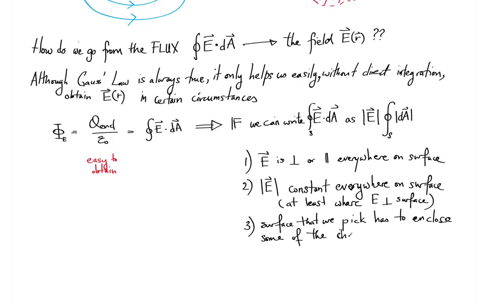I mean, if we wanted to find, I don't know, the electric field from a plane, and our Gaussian surface basically had no charge inside it, then we would just say, oh, well, there's no charge inside, the total flux through it is 0, but that doesn't really tell us anything. So it has to enclose some of the charge distribution of interest.